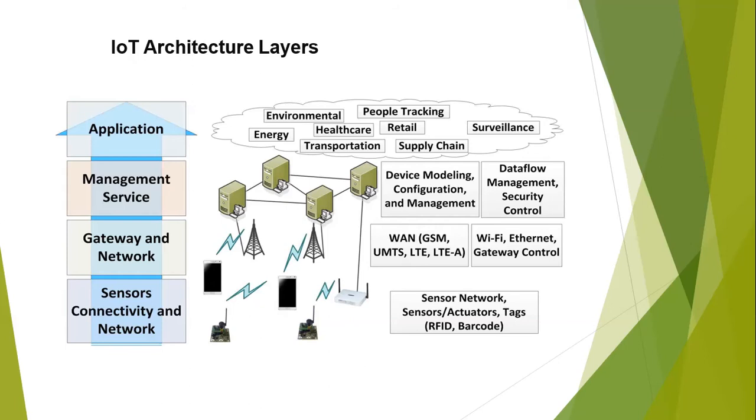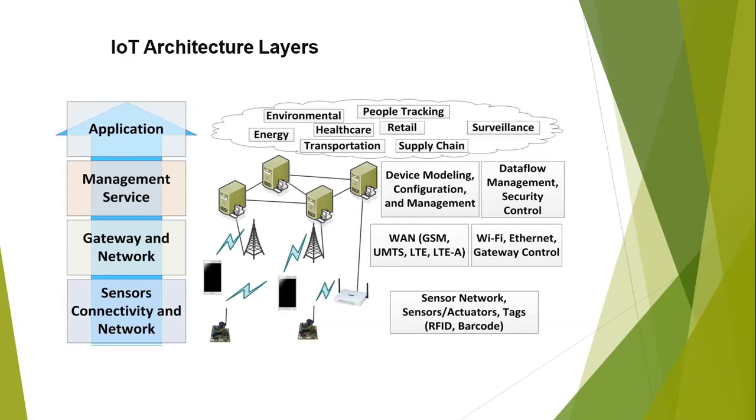We'll see the management services next. Device modeling, configuration and management are the major focus when using IoT, along with data flow management and security control, which need to be provided by the management service layer. Then we reach the overall application layer.